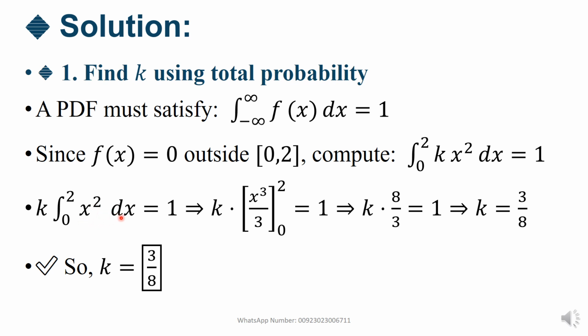Now we integrate with respect to x. X square integrates to x cube upon 3. Now k is given, and the limit 0 to 2 we write here, equal to 1. You must remember the rules of integration.